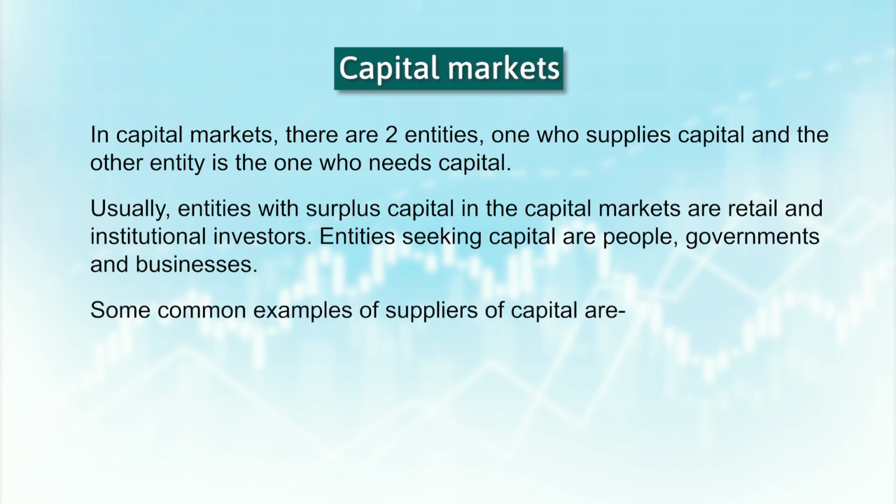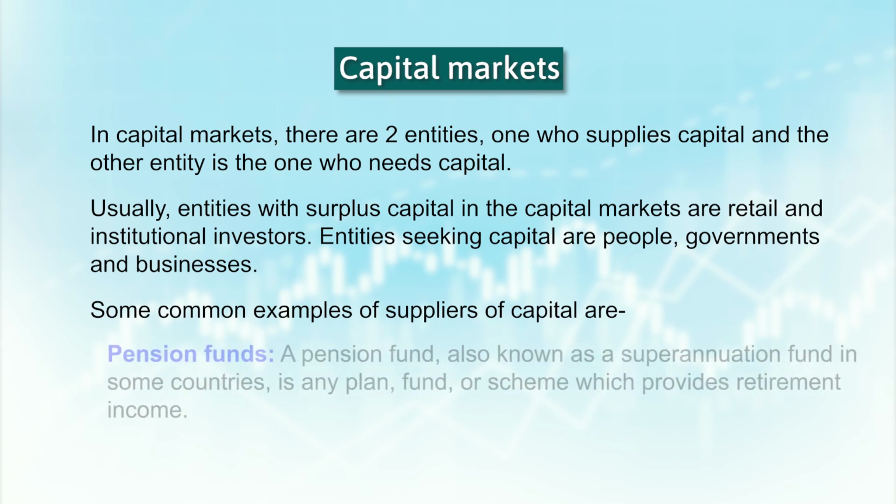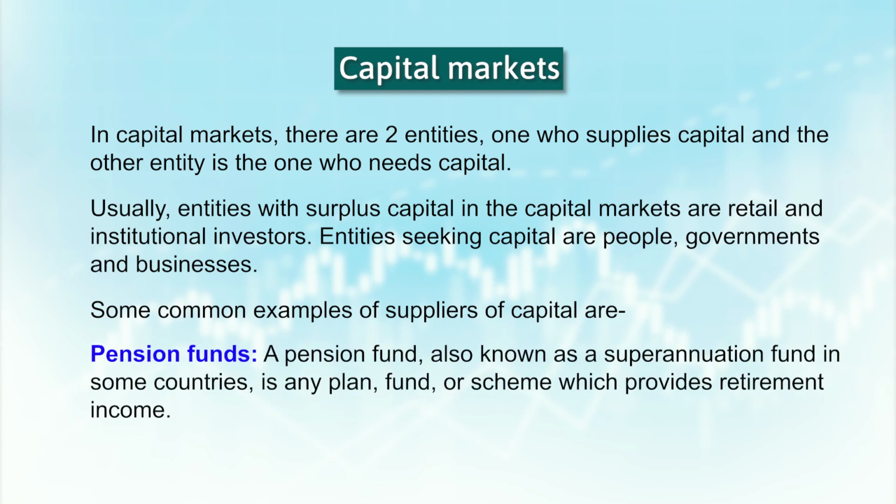Now, if we try to find out who are the suppliers of capital in an economy, suppose, for example, the pension fund. A pension fund, which we also know as the superannuation fund in some countries, is any plan, fund or scheme which basically provides retirement income to the entities.